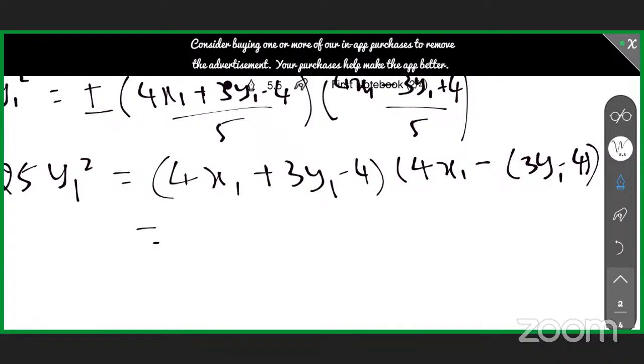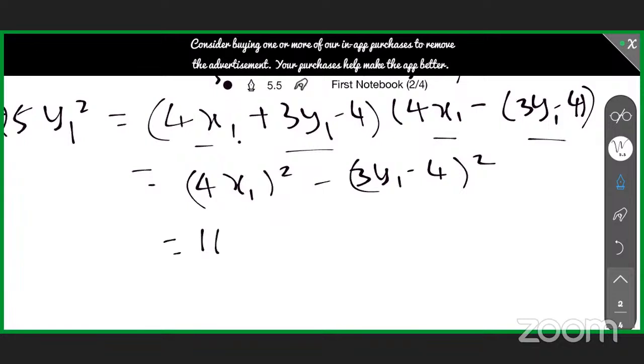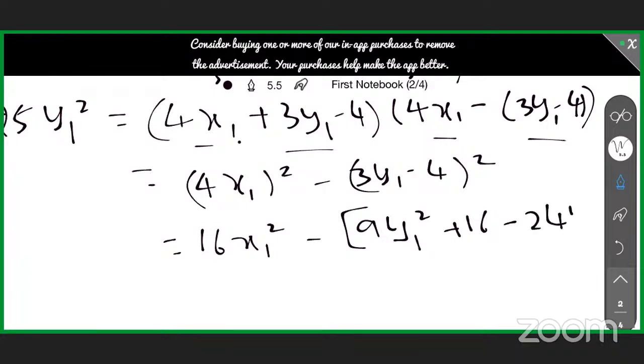So by the a plus b into a minus b formula, it is 4x1 whole square minus 3y1 minus 4 whole square. That is equal to 16x1 square minus, taking this bracket, 9y1 square plus 16 minus 3 4s are 12, minus 2 is minus 24y1.